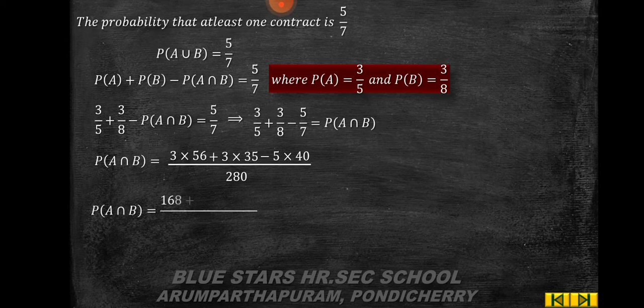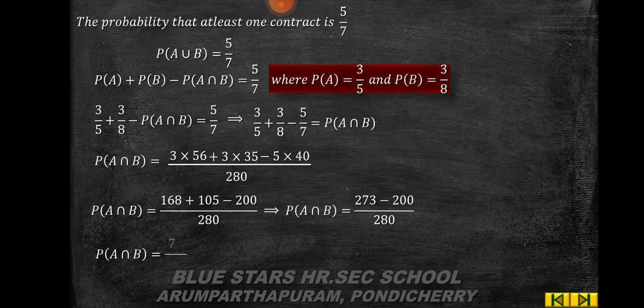P of A intersection B is equal to 168 plus 105 minus 200 by 280, which is equal to 273 minus 200 by 280. So P of A intersection B, that is the probability of getting both the contracts, is equal to 73 by 280.